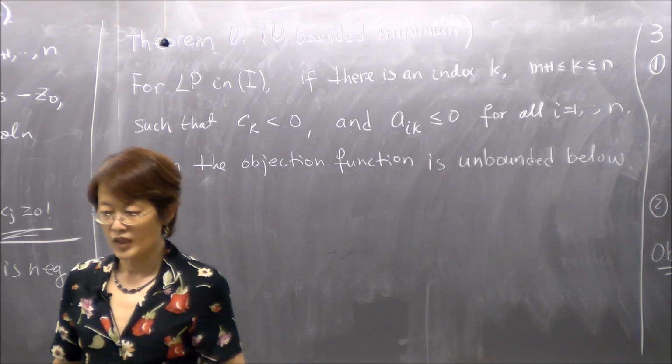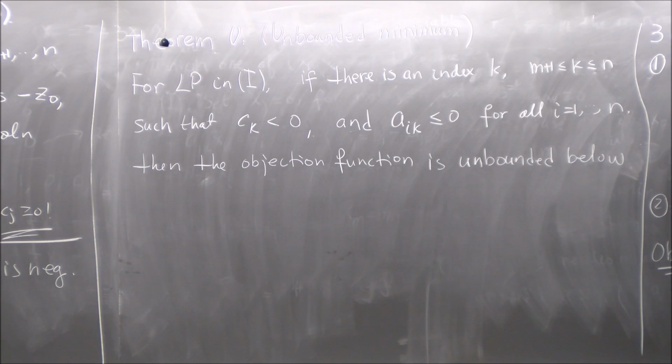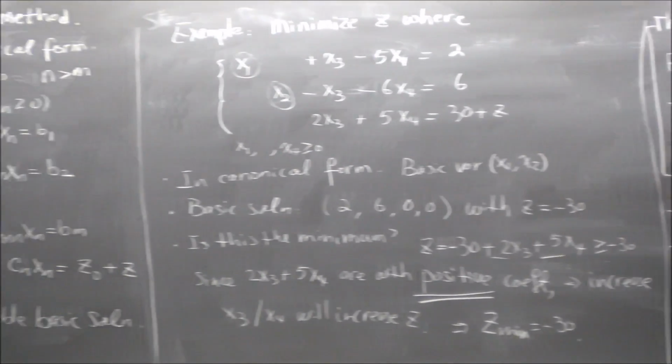Okay? So usually with the problem written in the form like here, this shall be pretty easy for you to spot. You would go through all these coefficients here and find a negative one, right? First of all, if they're all positive, you're done. You have reached the minimum. If one of them is negative, let's say this one is negative, then you look at the column of coefficients here, all these a's, to see if they're all less than or equal to 0.